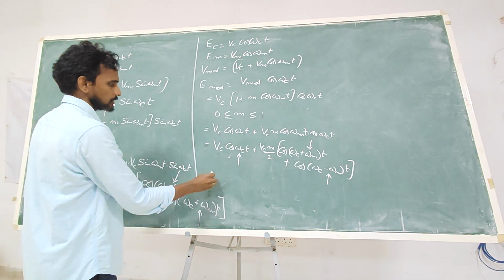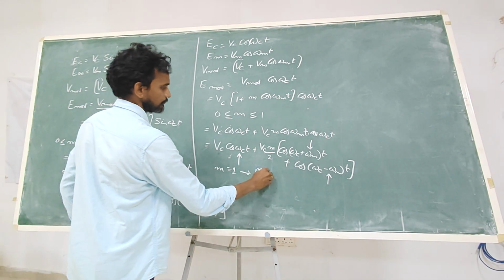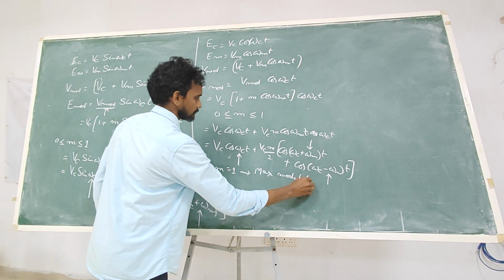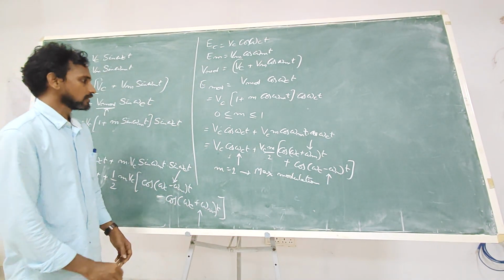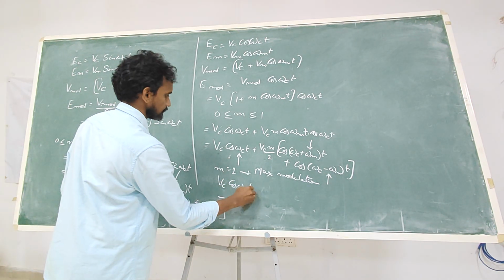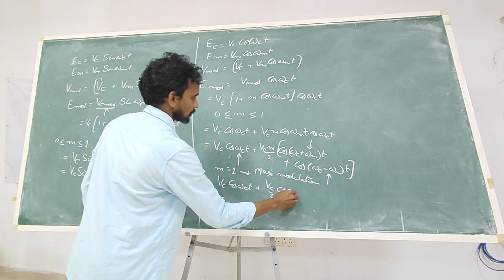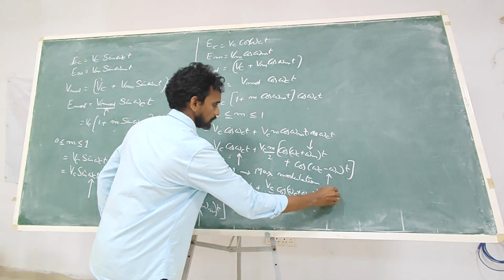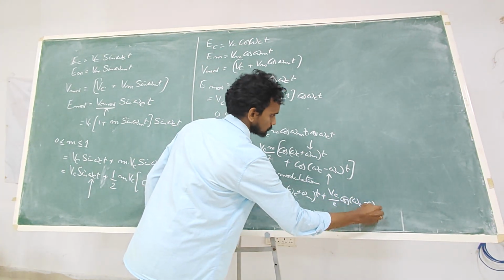For the time being I am assuming m is equal to 1, which implies maximum modulation. So then what are the possibilities? Vc cos omega ct plus Vc by 2 cos (omega c plus omega m)t plus Vc by 2 cos (omega c minus omega m)t.